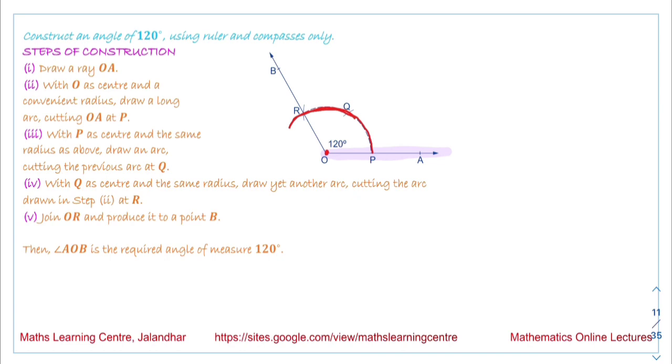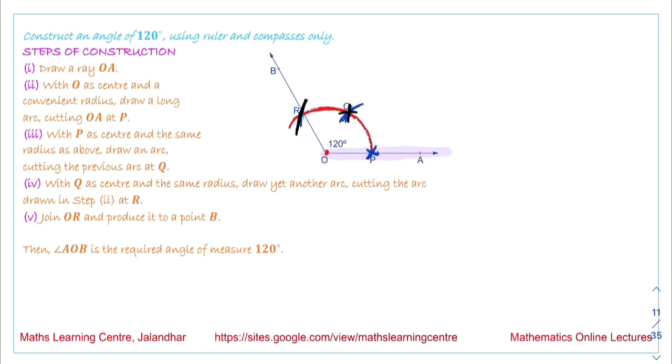Then with the same length, we keep the compass at this point P and mark this arc at Q, and then by keeping the tip of the compass at point Q, we mark another arc over here.